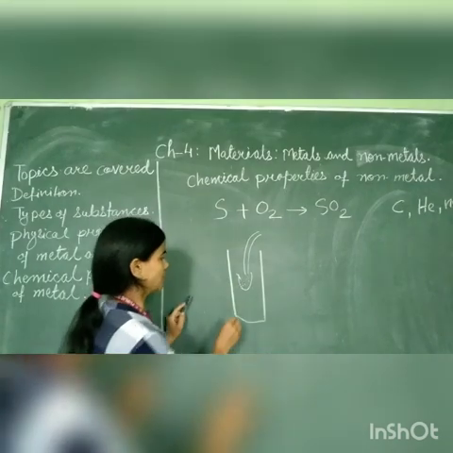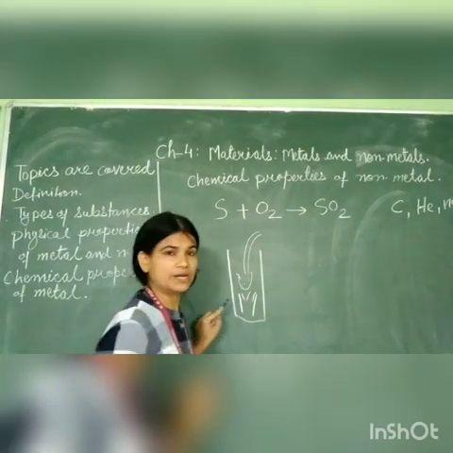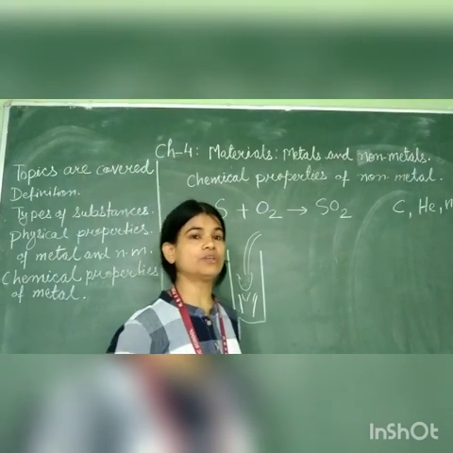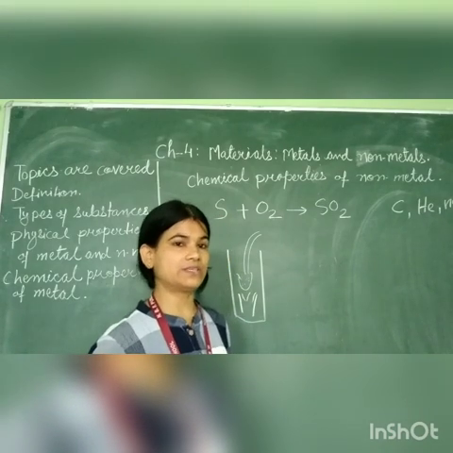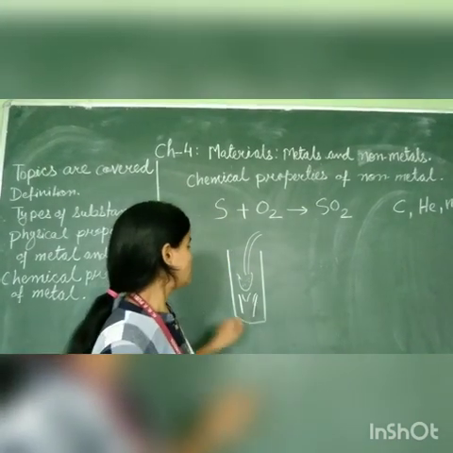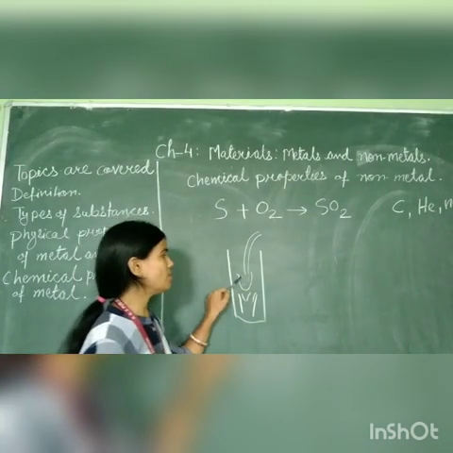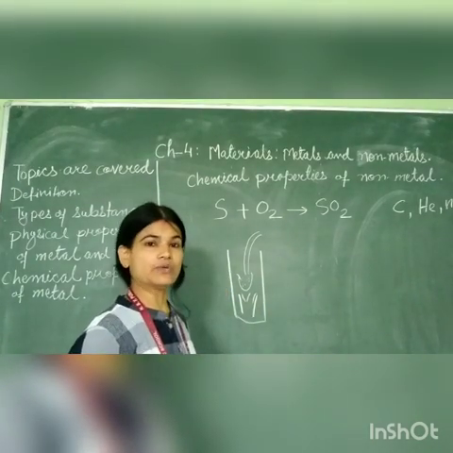When it gets heat from the Bunsen burner, which is generally used in laboratories for heating substances, it melts and makes molten sulfur. Molten sulfur means liquid sulfur.